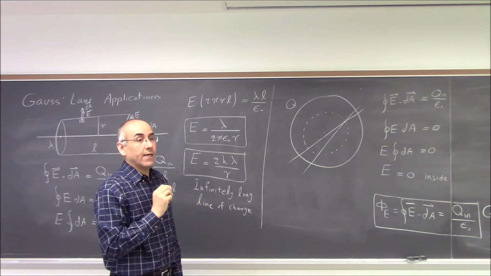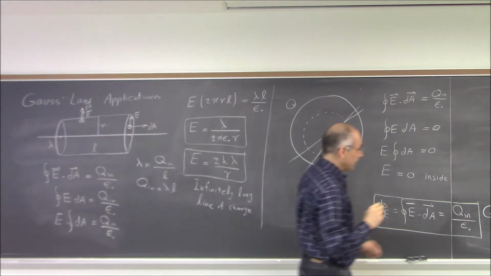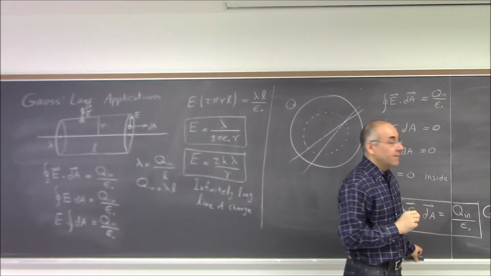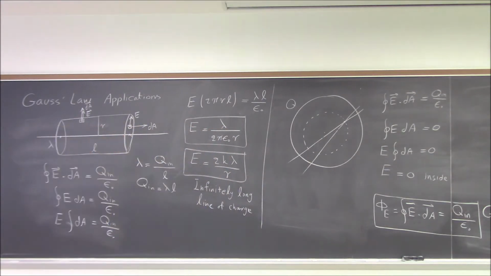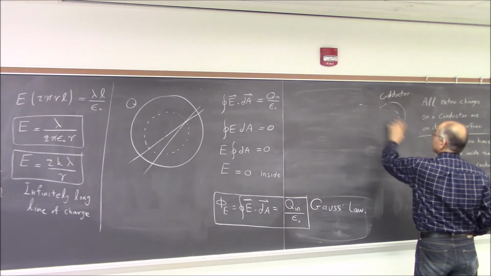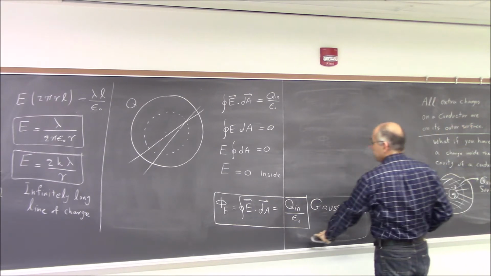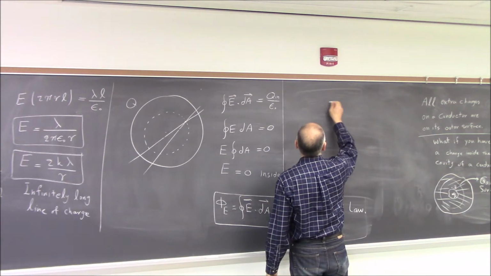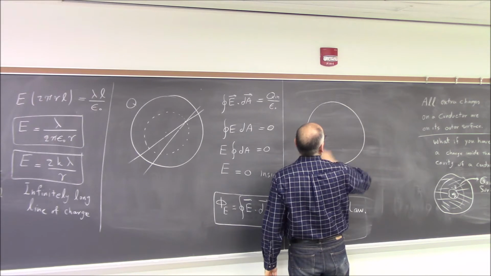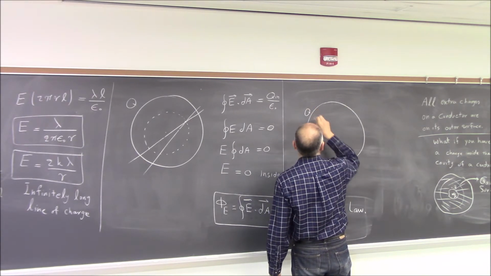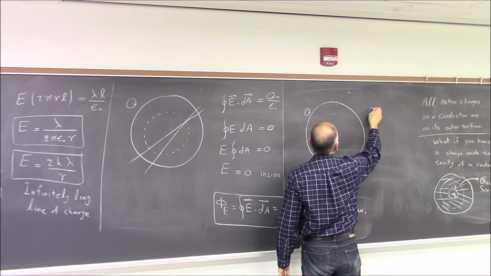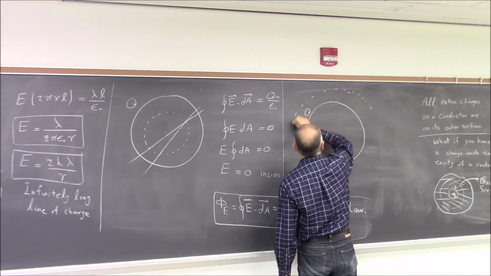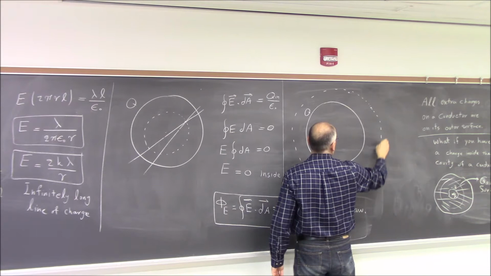But when it is outside, it is a very hard problem, and you can still use Gauss's law to calculate that. What is the electric field outside? Again, for outside, if this is your sphere of charge Q, then you're calculating the electric field at this point or this point. You make a Gaussian surface with that radius.